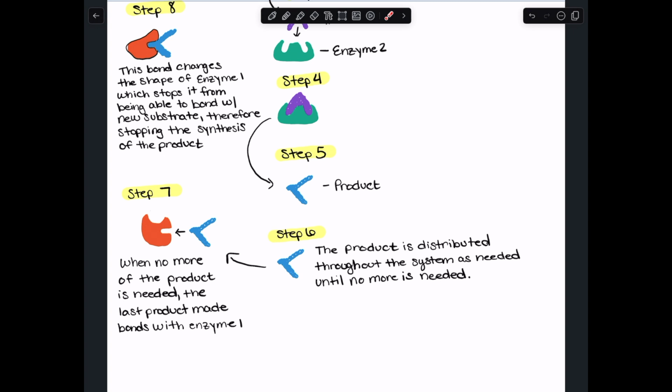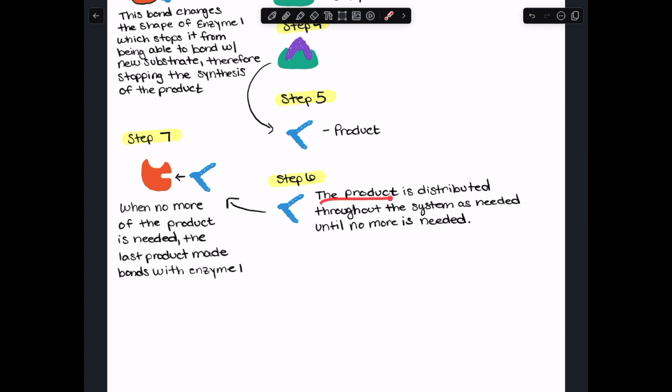So now that we have our product, this product is distributed throughout the system, or say our bodies. Say our bodies need a whole bunch of this product for whatever reason. The product is distributed throughout the system as needed until no more is needed. That's important. It's distributed until no more is needed.